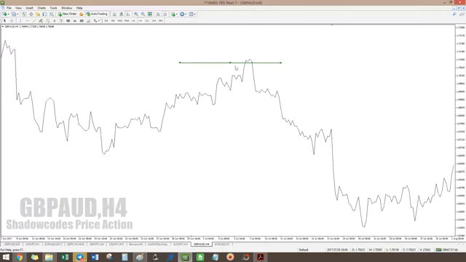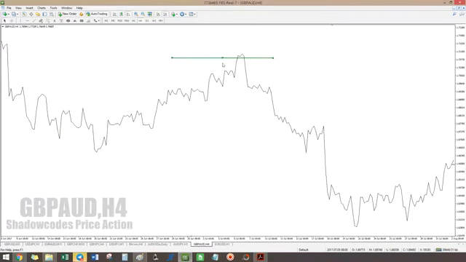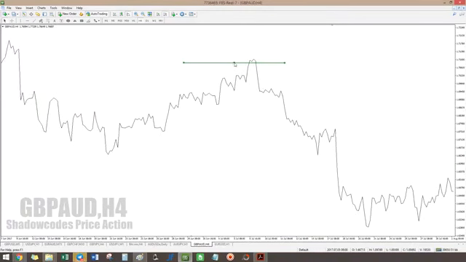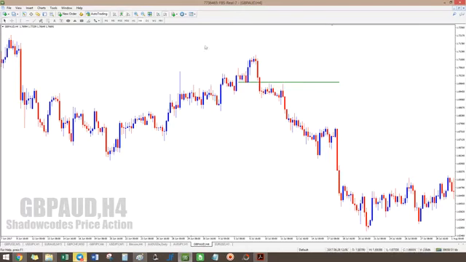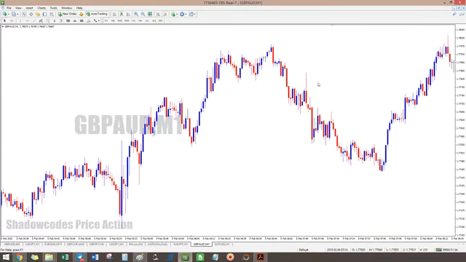Okay, we find a downtrend. Change it to candlestick. A few pips. This one is an SR flip. Can we take an example at a lower time frame? Let's go to M1.